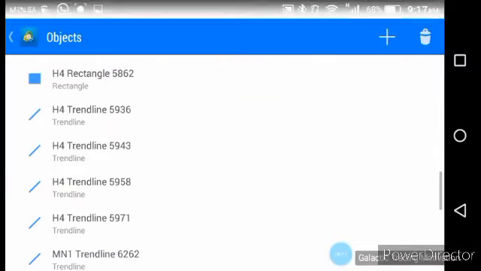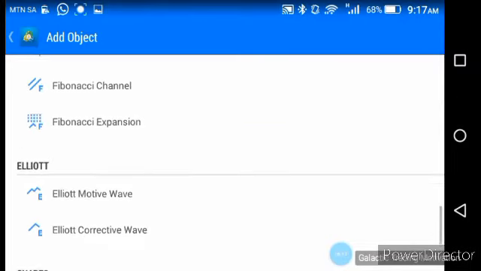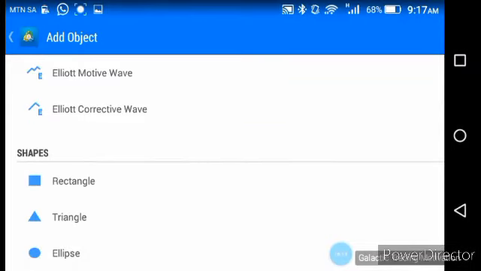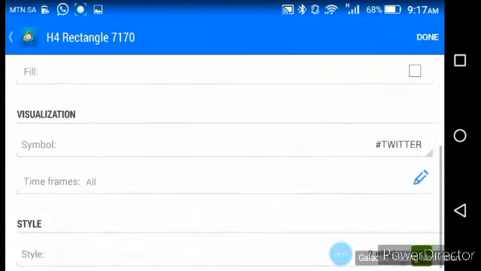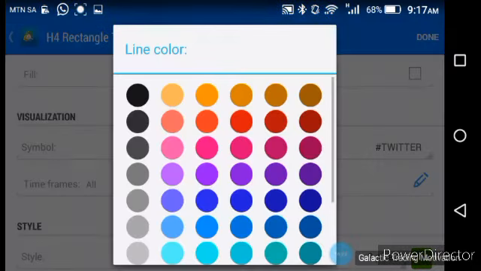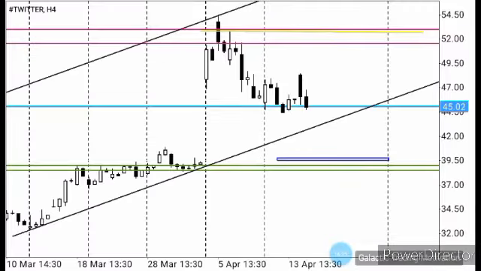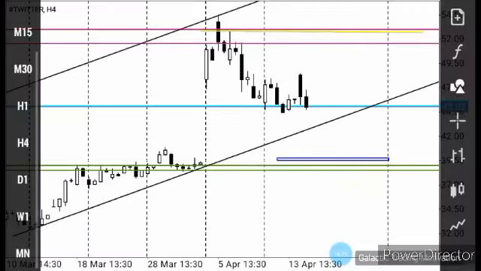Let me just do this just to illustrate. I'll just make it a different color so we don't get confused. Okay, the neckline would be here. The breaking of the neckline.